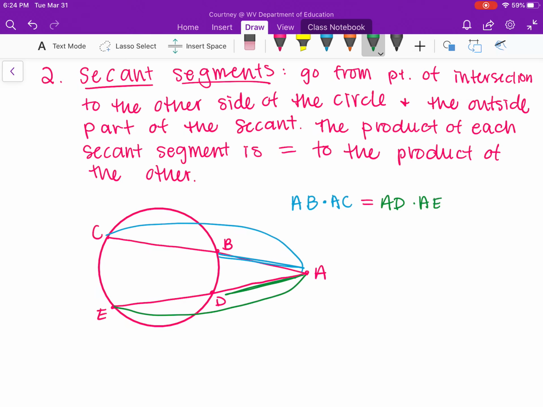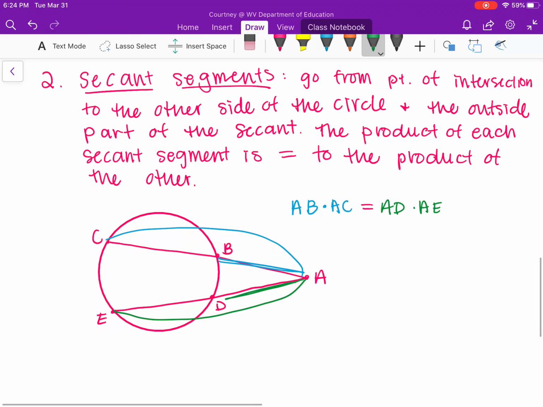Okay, so it's not necessarily like AB to BC, it's AB outside and then the whole thing. Outside and then the whole thing. I'll write this. Outside and then whole. Okay, and same on the right.